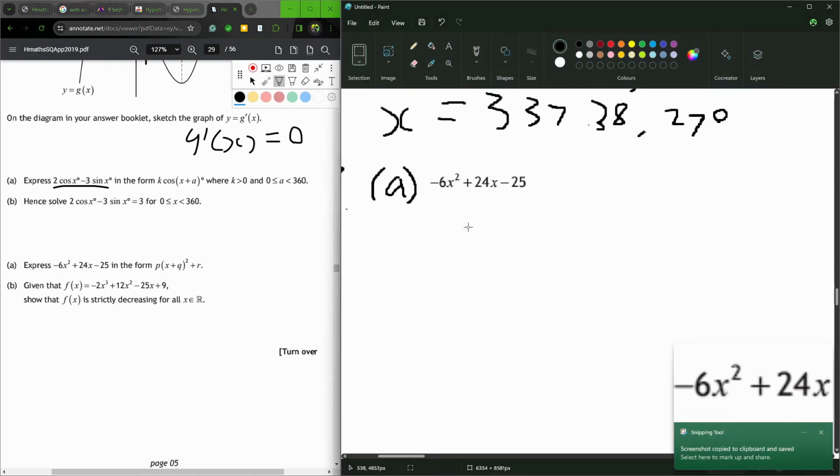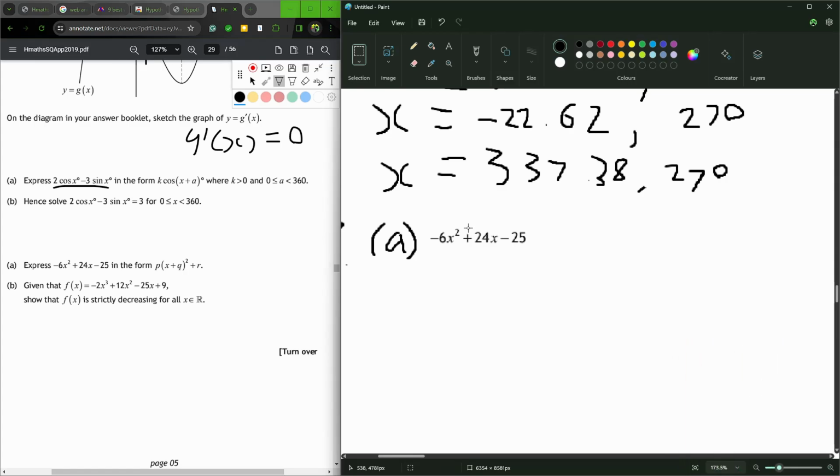Okay, so I do this in a bit of a weird way, but it works, so who cares? When we're doing this, we're going to start by dividing minus 6 and 24 by minus 6, okay? So this will make sense soon.